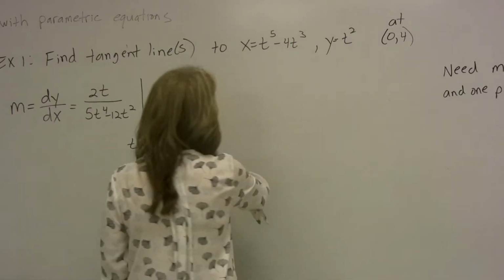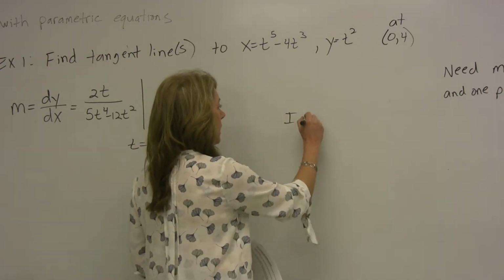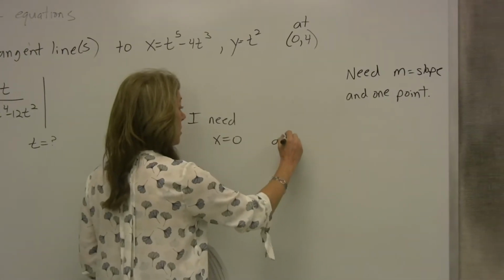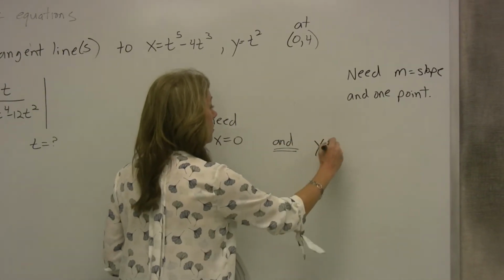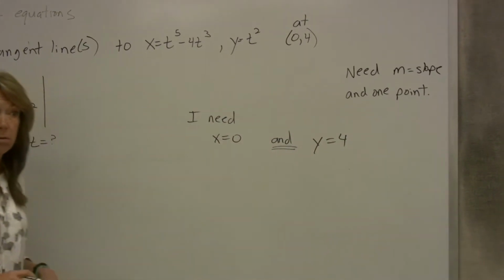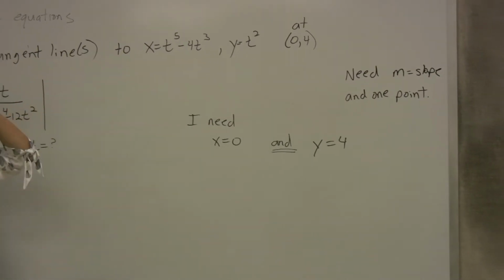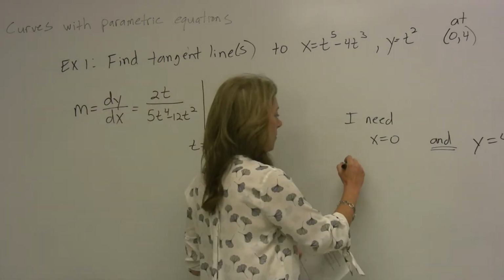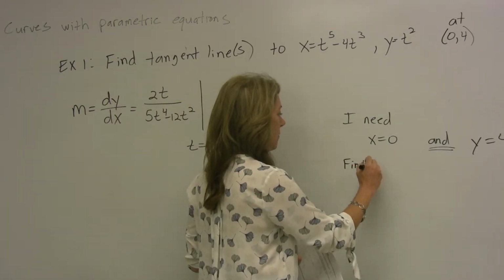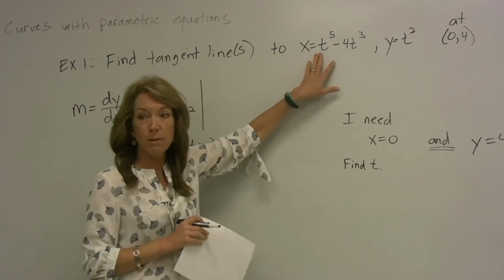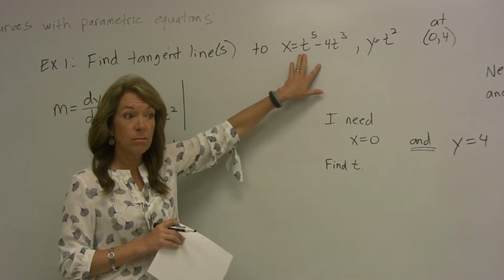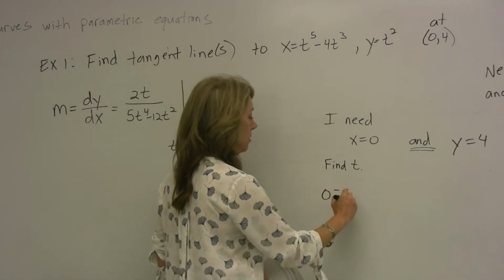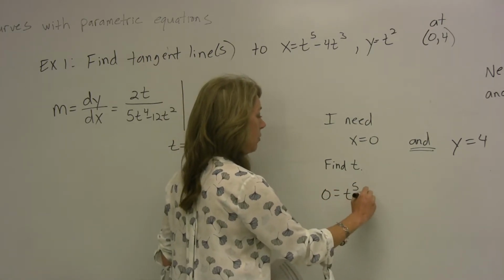So before I can finish this, I need x equals 0 and y equals 4. I need both of that to be true at this point. I need to find t that makes that happen. Find t. So if x equals 0, I'm just going to set that equal to 0. 0 equals t to the 5th minus 4t cubed.